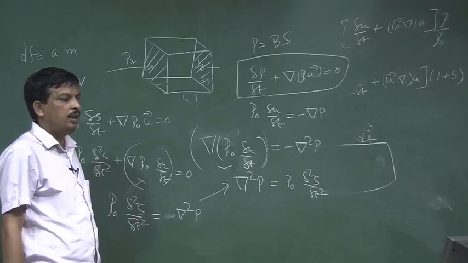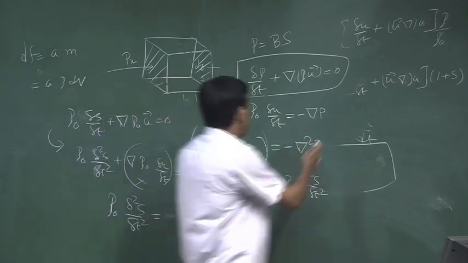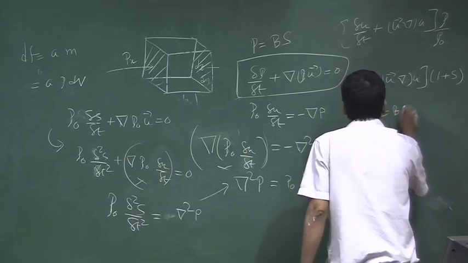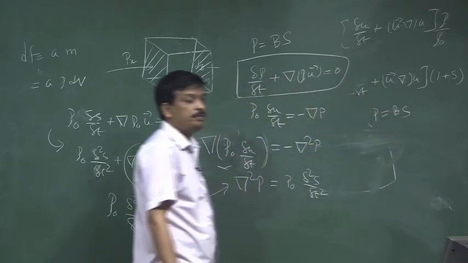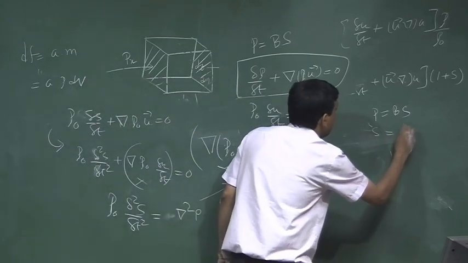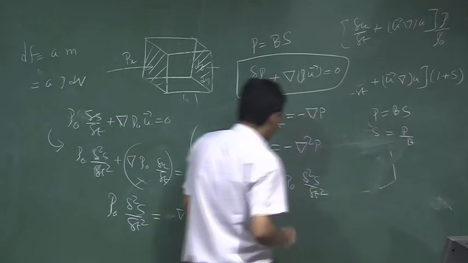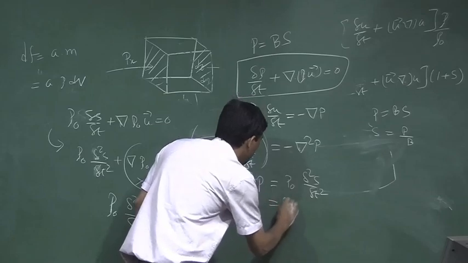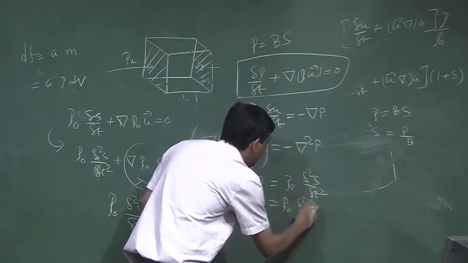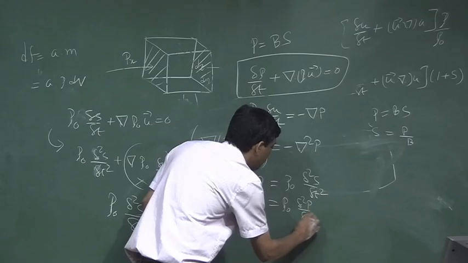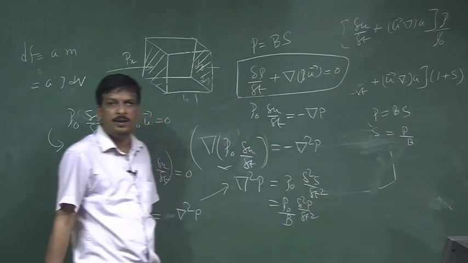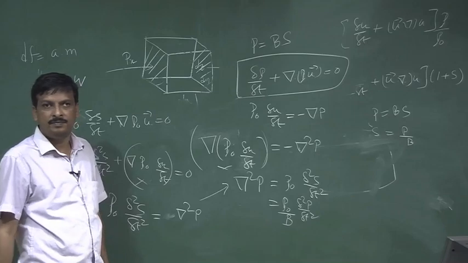Okay. Now, what do I get? I know P is equal to Bs. What is S? S is P by B. So, instead of S, I write rho 0 del square P by del t square by B. Okay.